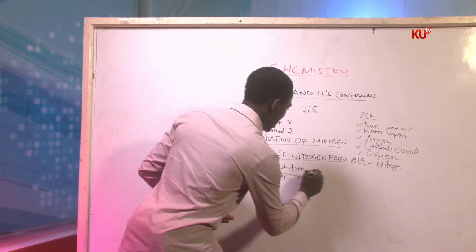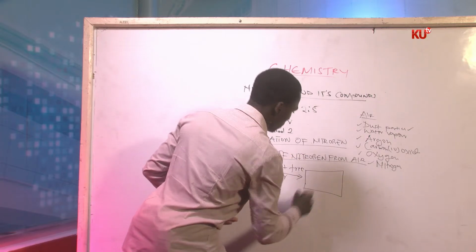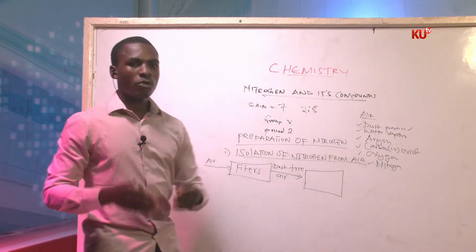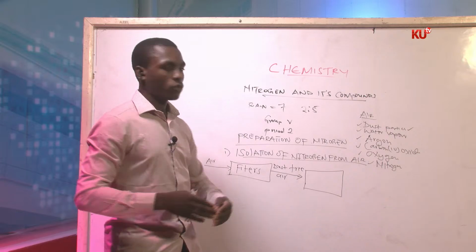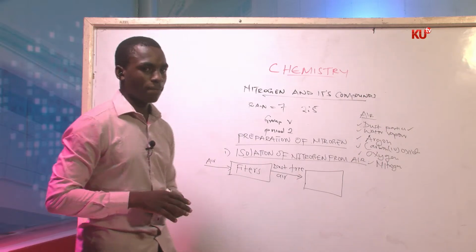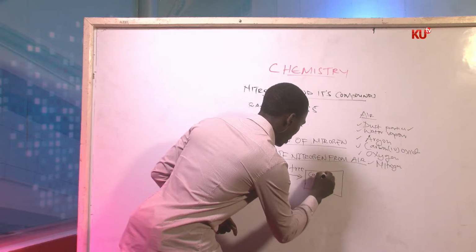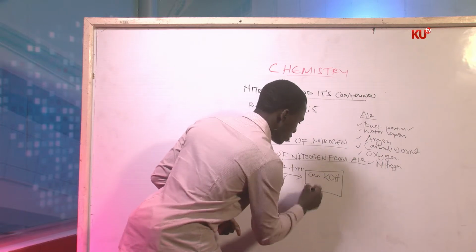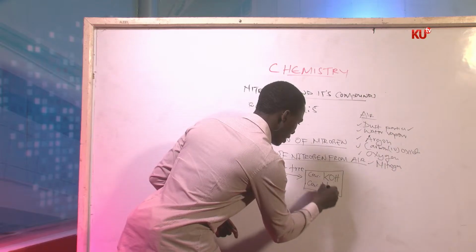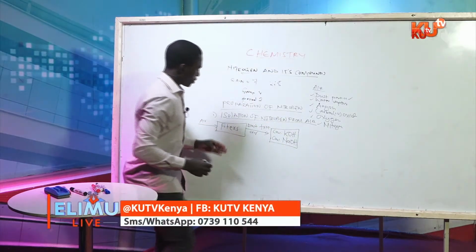So let's remove carbon dioxide. How do we remove carbon dioxide? To remove carbon dioxide, we simply bubble or repass this air through concentrated potassium hydroxide or concentrated sodium hydroxide. So where concentrated potassium hydroxide can be used, sodium hydroxide can also be used.